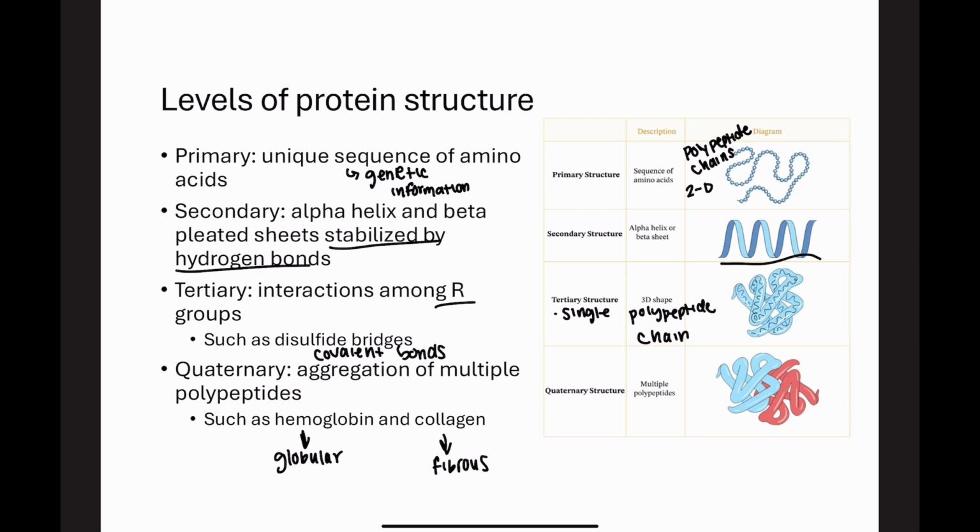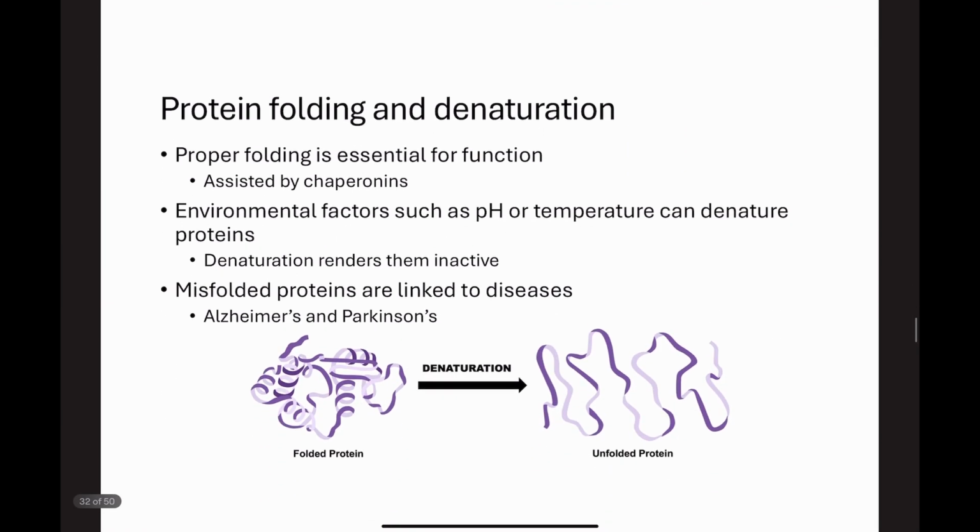So, protein folding and denaturation is extremely important. This is because proteins have to fold correctly in order to function. The protein's structure also depends on the physical and chemical conditions of the protein's environment.